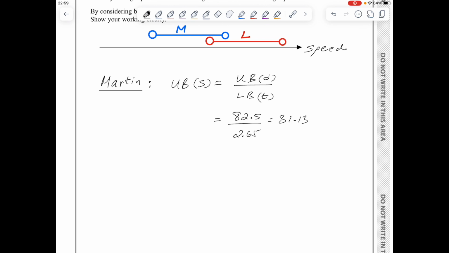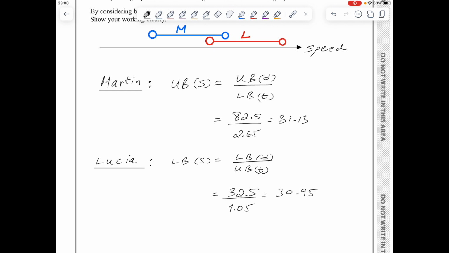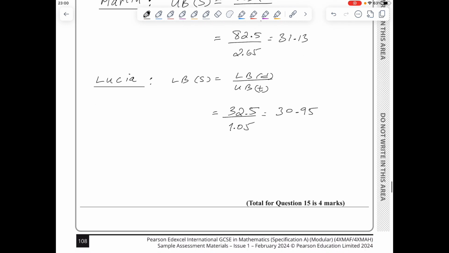And now for Lucia, the lower bound for the speed is equal to the lower bound of the distance over the upper bound of time. This is equal to 32.5 over 1.05. This comes out to be 30.95. So my final conclusion is that since the upper bound for Martin's speed is greater than the lower bound for Lucia's speed, this statement is correct.